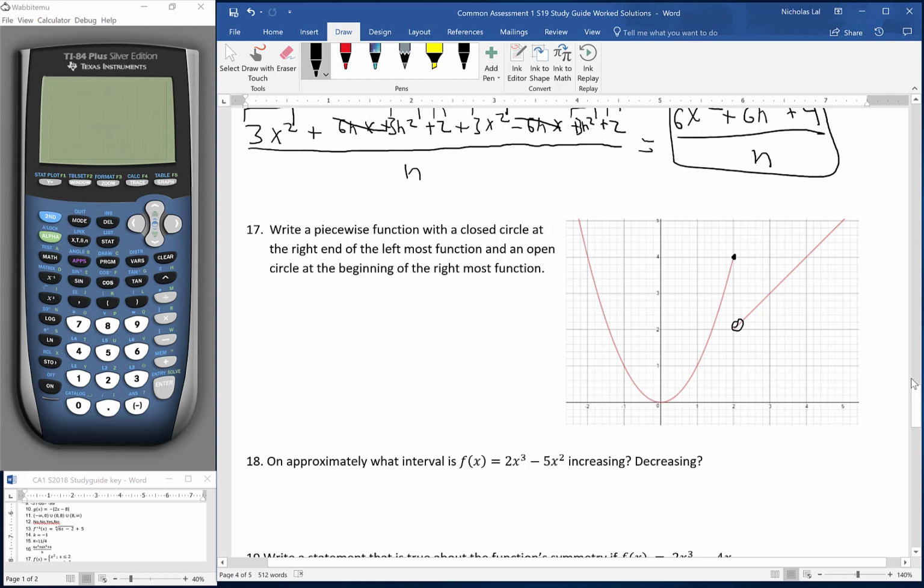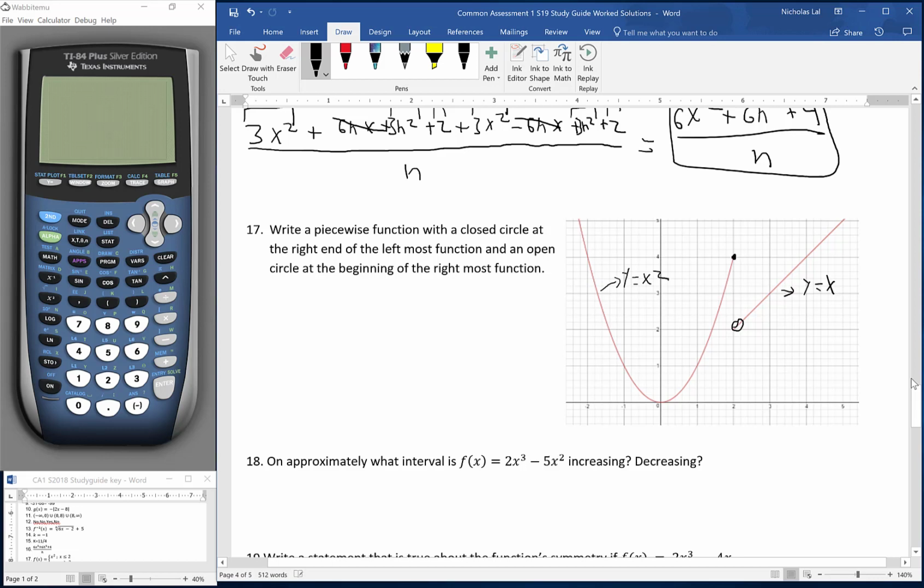This function is f of x equal to x squared, that's this parabolic function. And this linear function is the identity function y equals x. You have 2, 2, 3, 3.